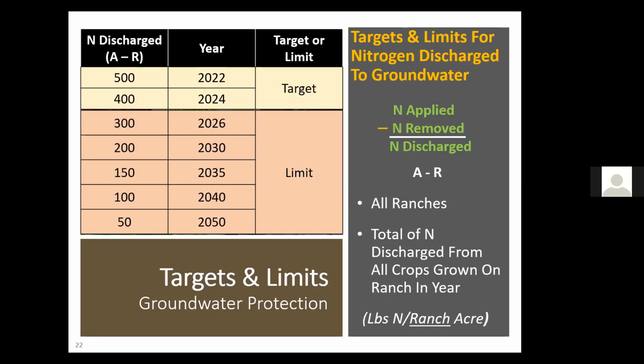The other pathway could apply to growers with high concentrations of nitrogen in their irrigation water. In this case, a grower would comply by using the nitrogen in their irrigation water for their crops, and then making sure that their nitrogen removed meets or exceeds the amount of any additional nitrogen that's applied via fertilizer or compost.